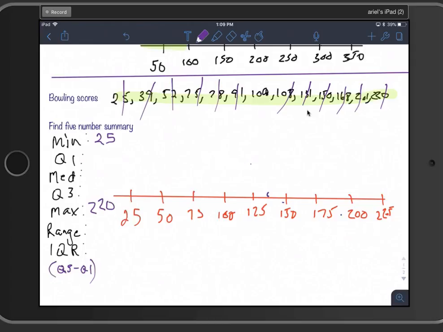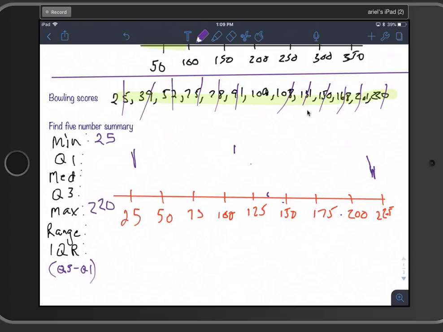So the first point of data is 25, so we're going to draw a line right here. The last point is 220, which is going to be around right here. It's not all the way to the end. And then 109 would be right around here.